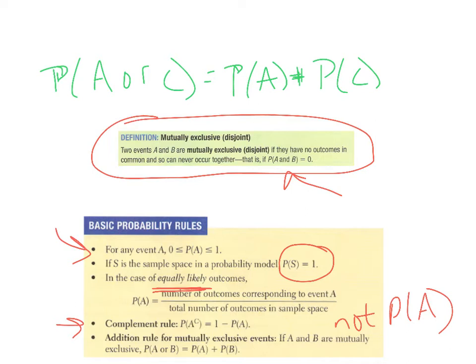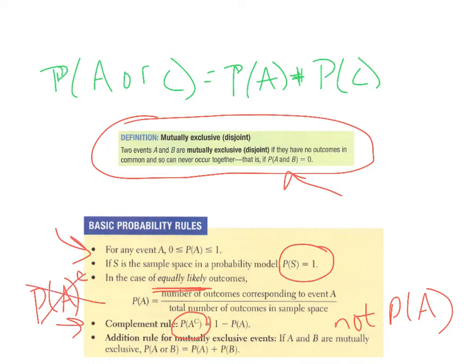Pay close attention to the notation. You'll notice the notation here has the superscript C inside the parentheses. If you write the probability of event A and you apply that complement to the outside of the parentheses, you will lose credit. That will be incorrect.